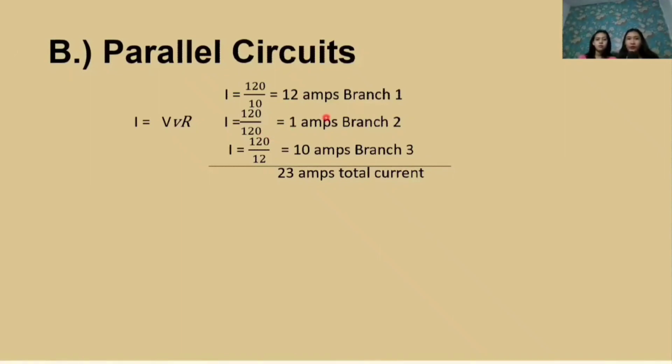This is branch 1. Branch 2 is I equals 120 over 120, which is 1 amp. Branch 3 is I equals 120 over 12, which is 10 amps. To get the total current, you just add all 3 branches: branch 1 is 12, branch 2 is 1, branch 3 is 10. If you add them together, you're going to have 23 amps total current. That's all.